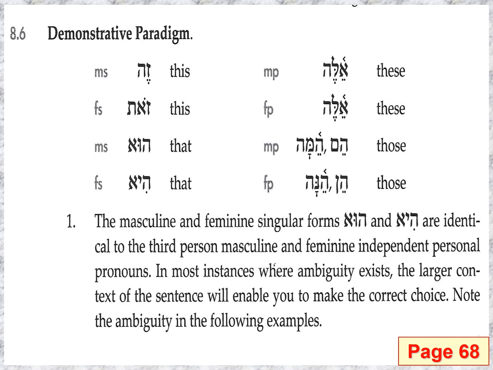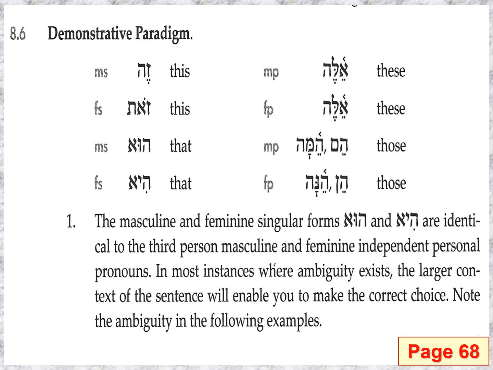And then for the plural forms, watch our accents here. So here for the near demonstrative masculine plural, elle, elle. Notice the dagesh forte in the lamed. So the tone syllable is on the penult. You have the aleph with the tsere, and then a lamed closing that first syllable.